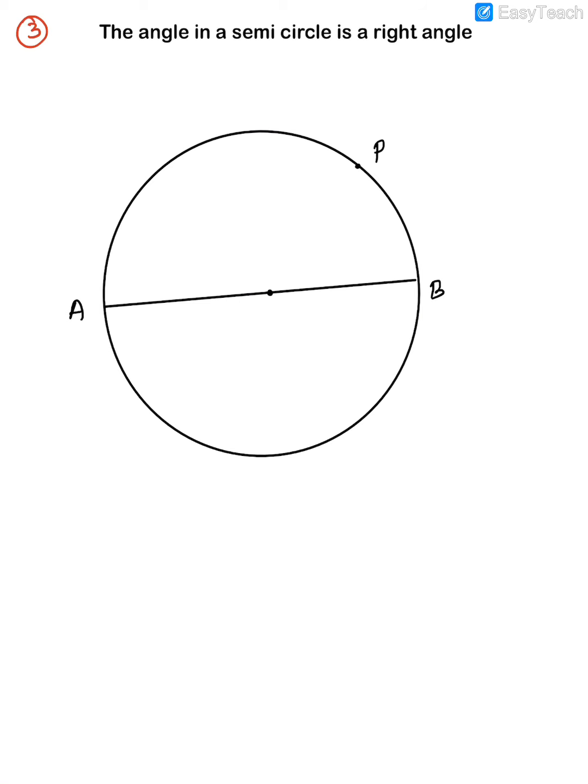Okay. Now what is the property? The property states that angle inscribed in a semicircle, or angle in a semicircle, is a right angle, meaning if I join from A to P and then back to that point B, then it will be what? 90 degrees. So this angle out here is equal to what? 90 degree.